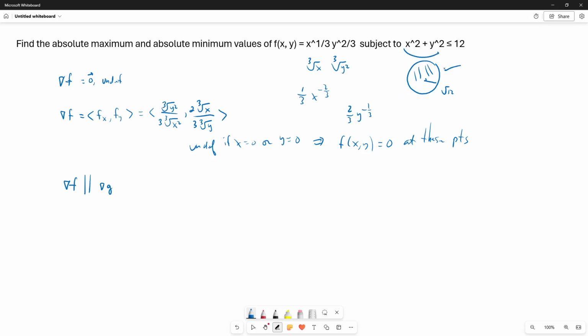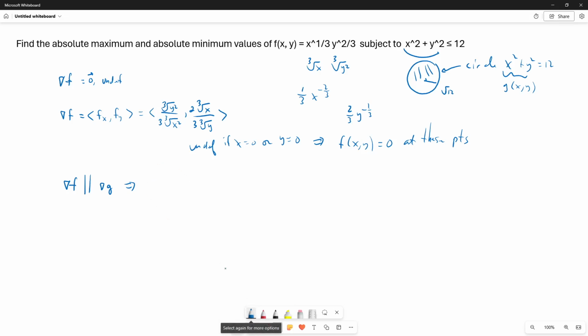The boundary is the actual circle, x² + y² = 12, and we'll call this function g(x, y). If the gradient of f is parallel to the gradient of g, then we can have a max or a min. And the gradient of f is here, and I'm not going to rewrite all that again.